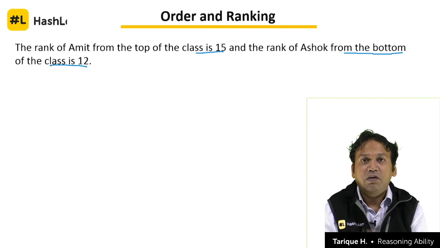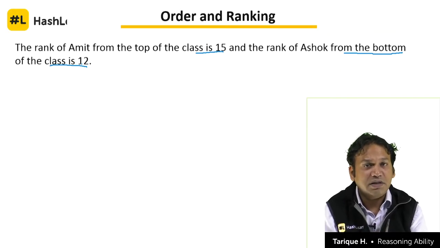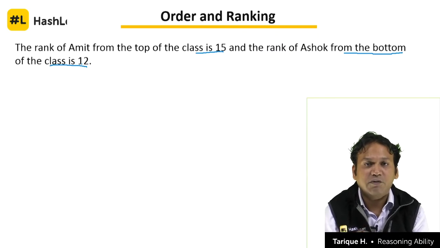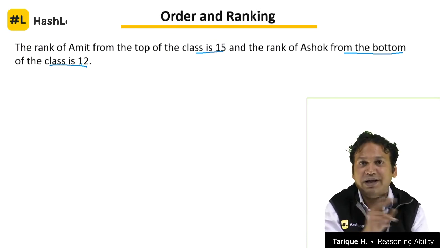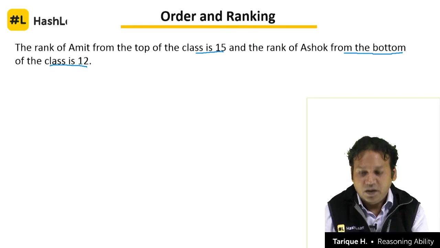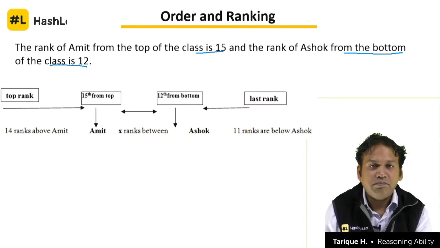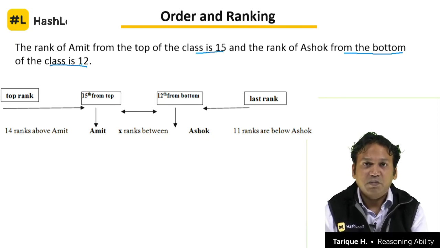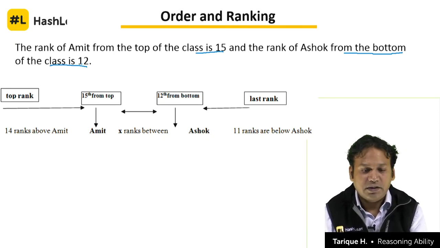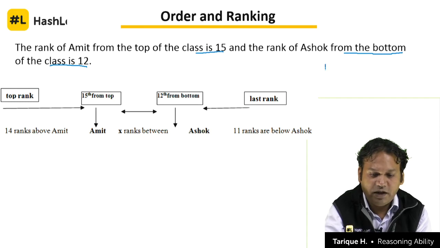Clear? So if the number of students is not given to us, then what are the different possibilities? That is what we have to observe and understand here. If the number of students is not given, what are the possibilities? There are two scenarios. Scenario 1 is when the number of students in the class is more than the sum of the ranks.